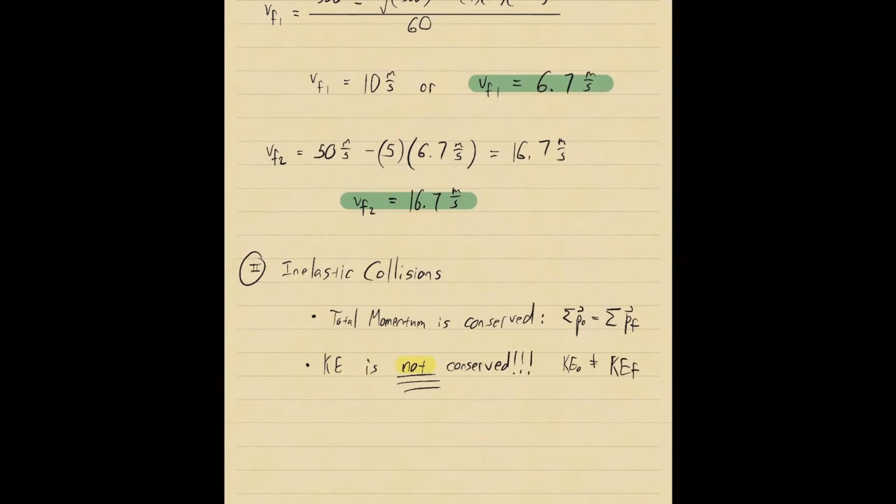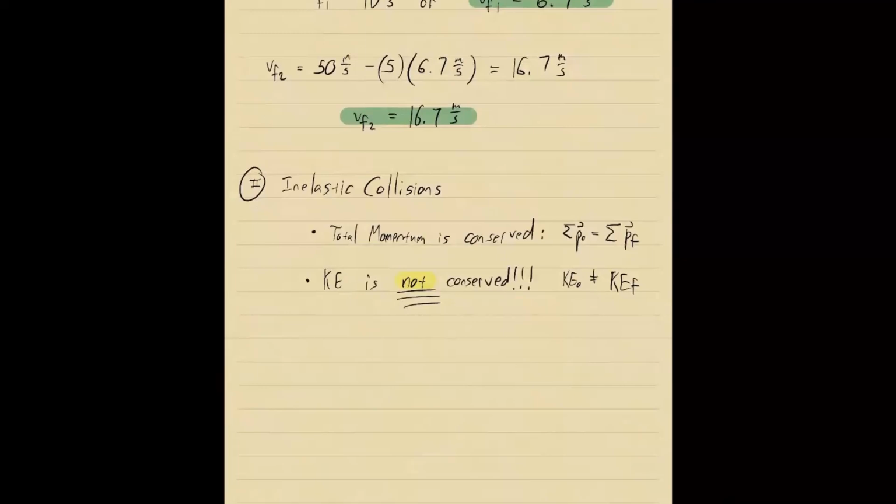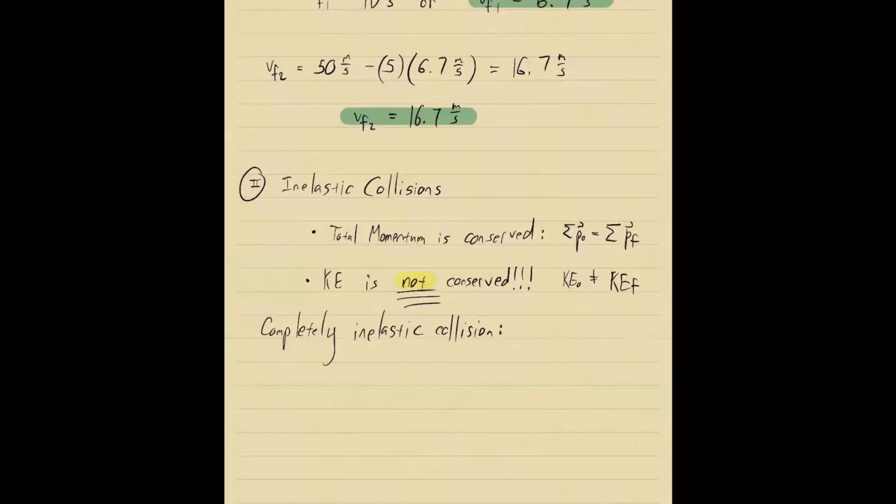So there's a subset of inelastic collisions called completely inelastic collisions. A completely inelastic collision is where the objects stick together.